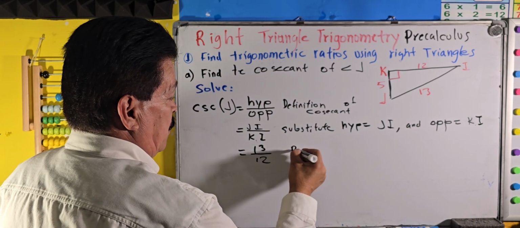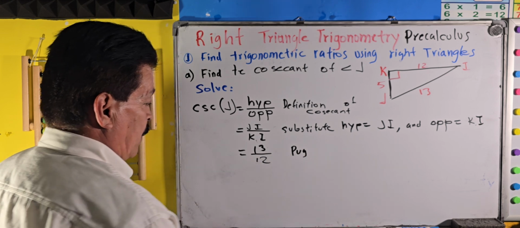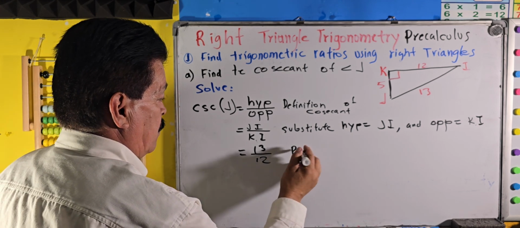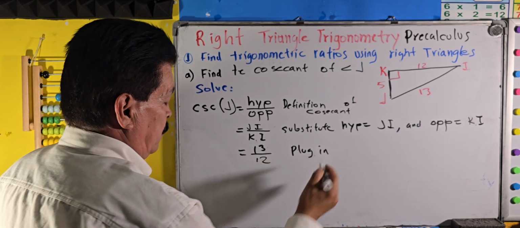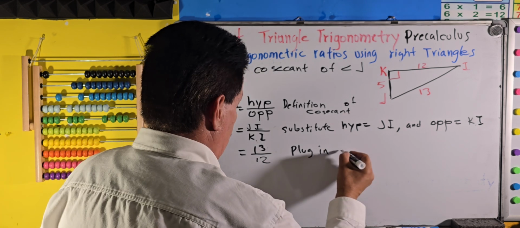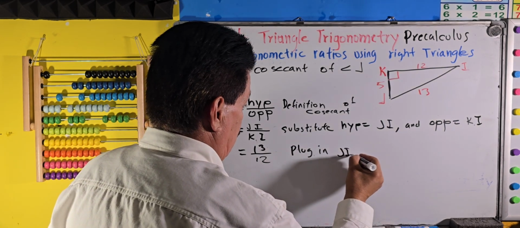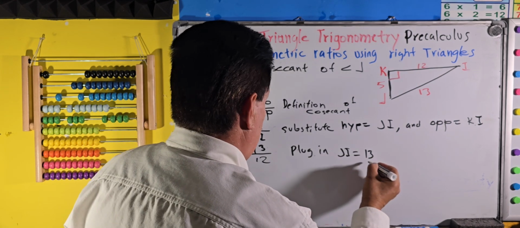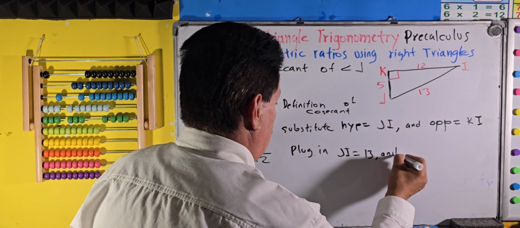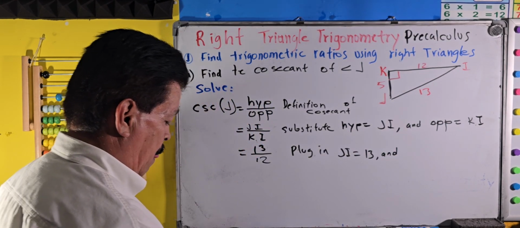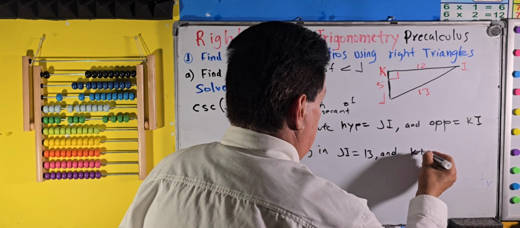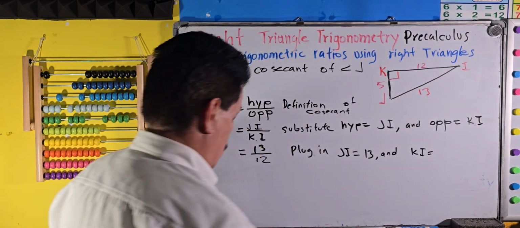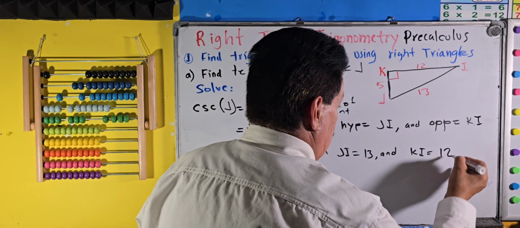So here we plug it in. JI equals 13 and KI is equal to 12. Yeah, 12.